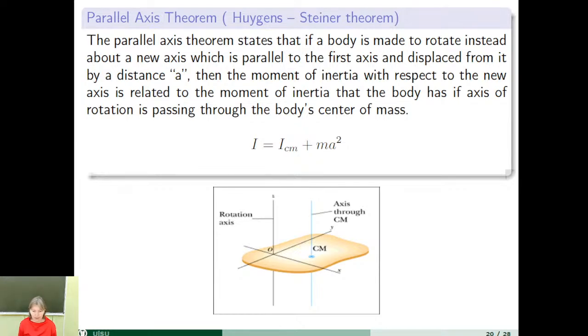Here, A is the perpendicular distance between the two axes, and I cm is the rotational inertia of the body about the axis through the center of mass.